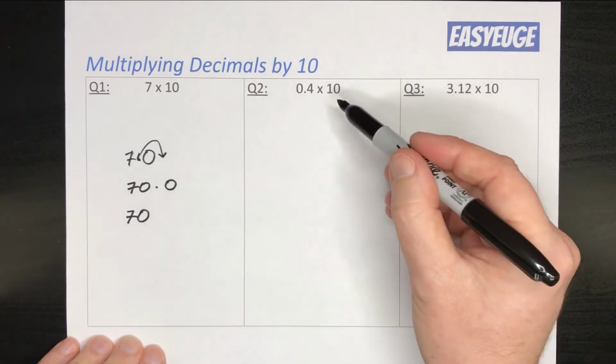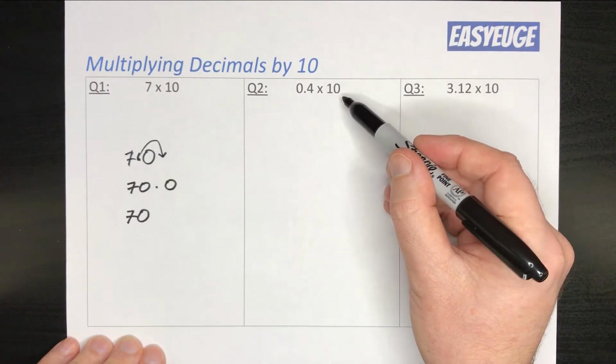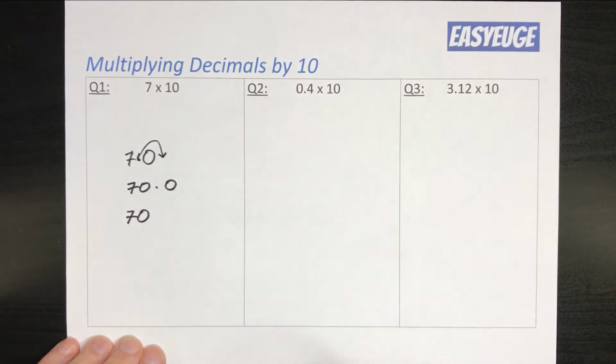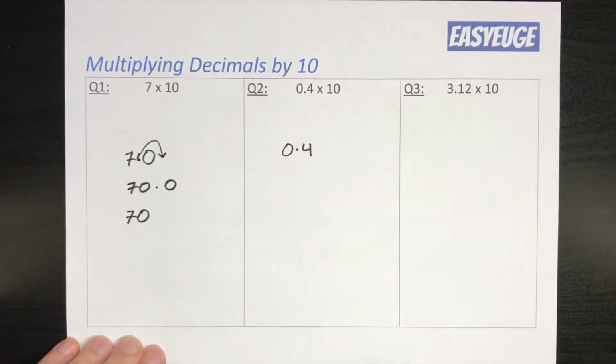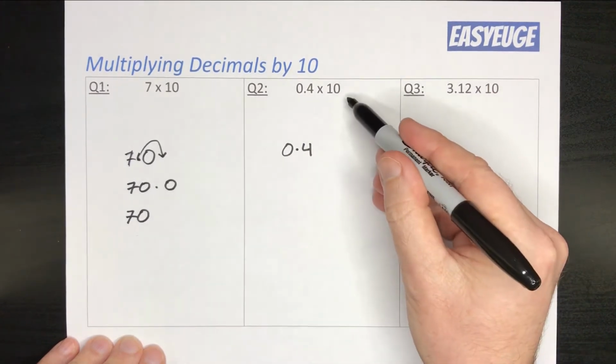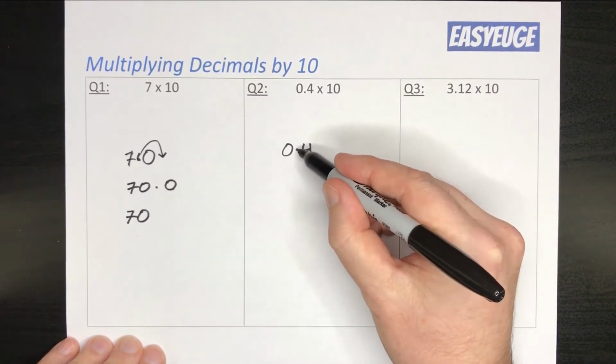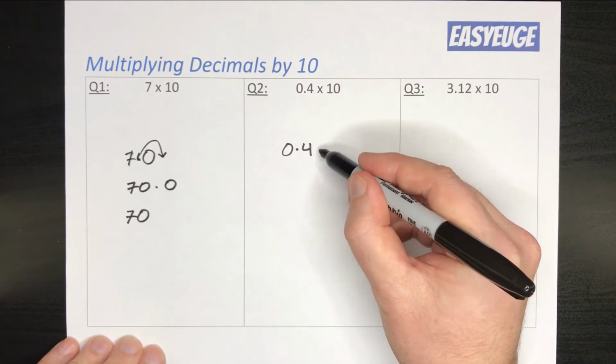So when we go on to the next example of 0.4 multiplied by 10, let's use that trick that we've learned. Let's write down 0.4. So this is going to end up being 10 times bigger. So remember what you've learned. To multiply by 10, we can take that decimal point and jump one time.